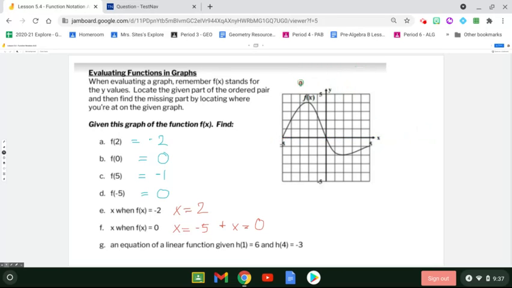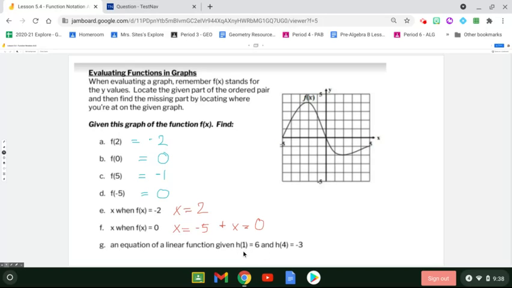The last part says to find an equation of a linear function given h of 1 equals 6 and h of 4 equals negative 3. If you think about this, we're not using this graph. This is a little bit of a challenge for us. So think about what these actually stand for.